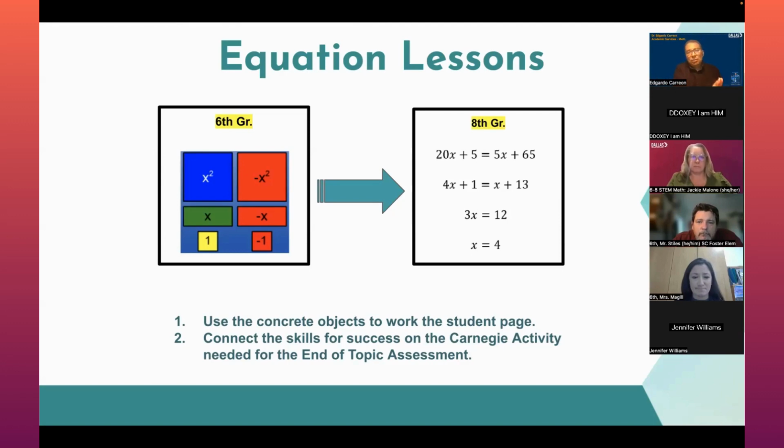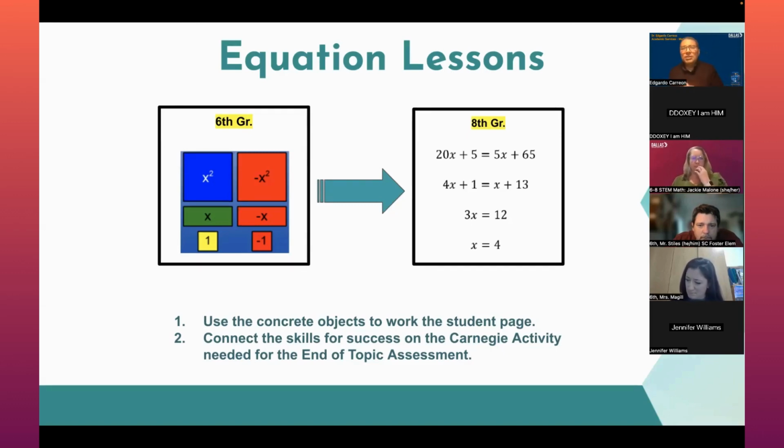Of course, if that student needs it, let's provide it until you think it is time to remove that tool. So in 6th grade, they're going to be utilizing models, and algebra tiles will be part of the EOT, and it will be part of the STAR.